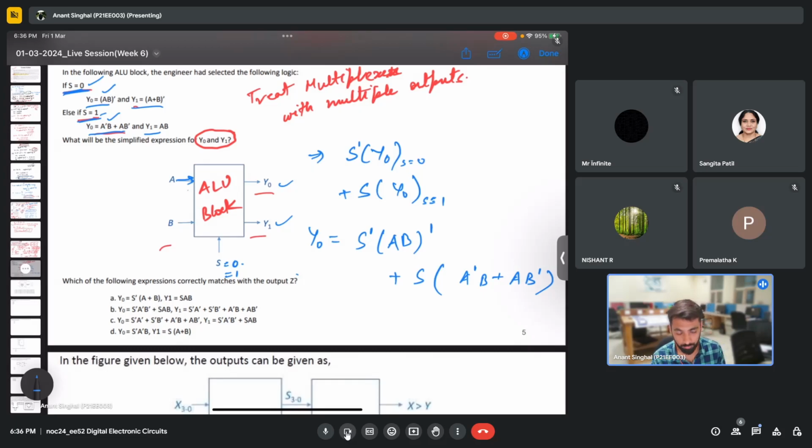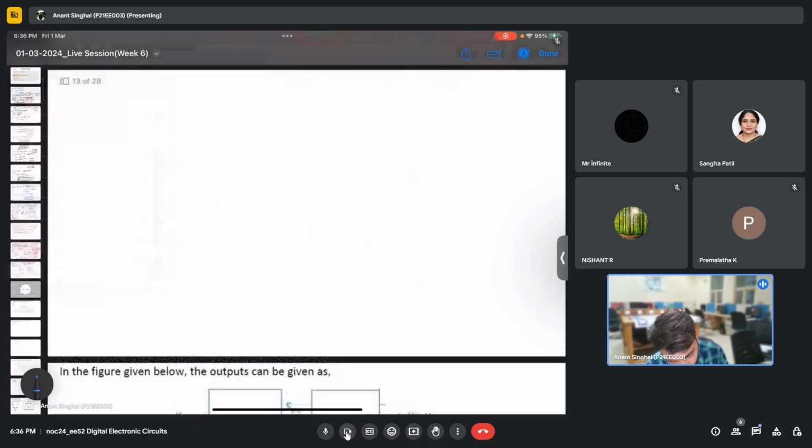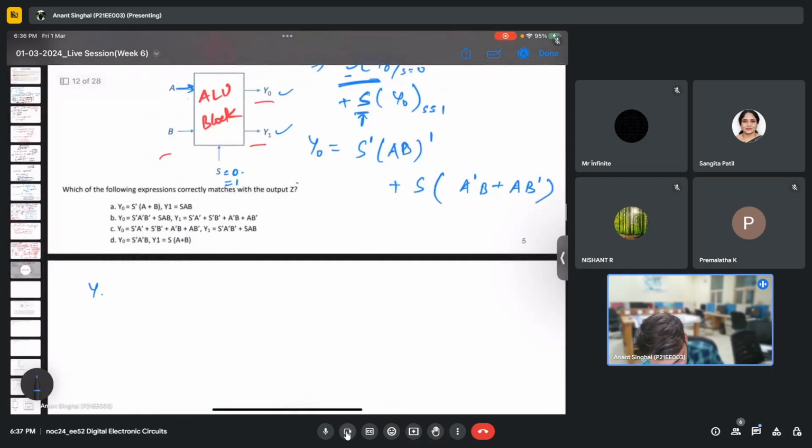Does it make sense? In this expression, S bar is for when S is 0, and S is for when S is 1. Is there any doubt in this particular expression that I have written? No, sir. Okay, so now let's try to solve this. So y0 is S complement times (A complement plus B complement), so I've opened the first bracket, and finally we have S and this term.